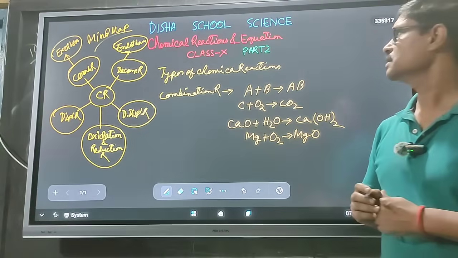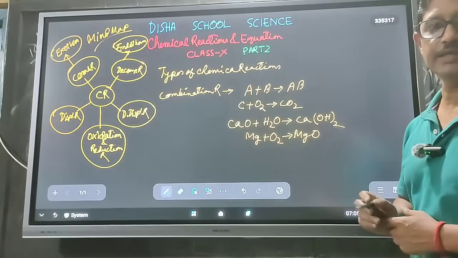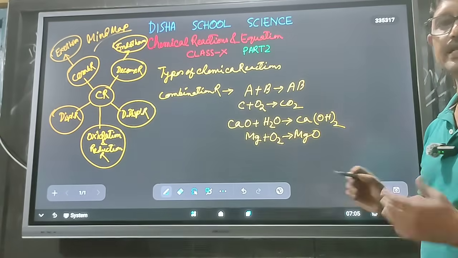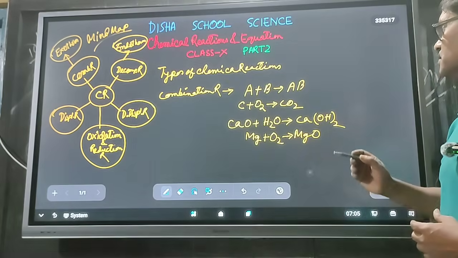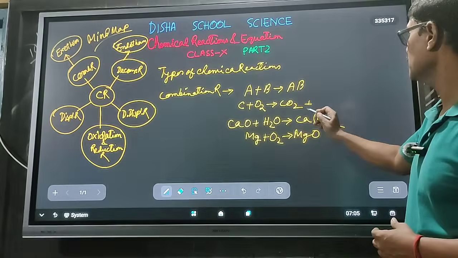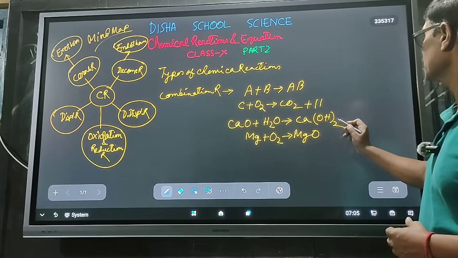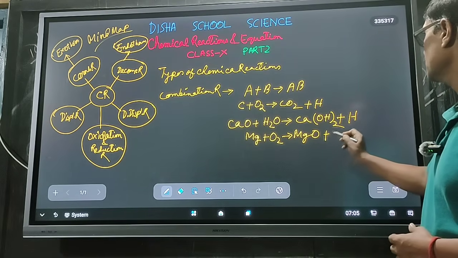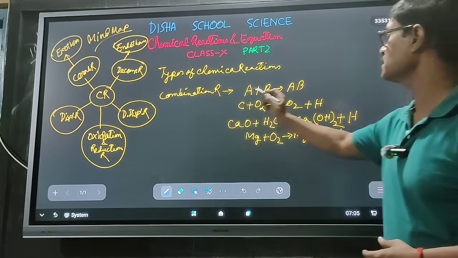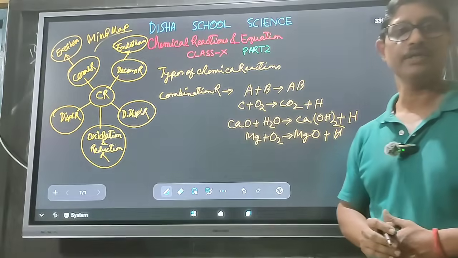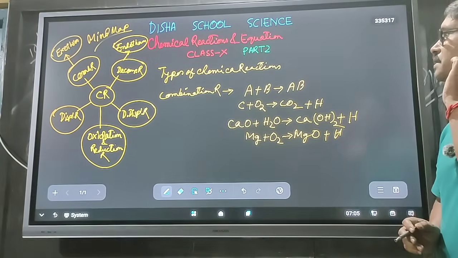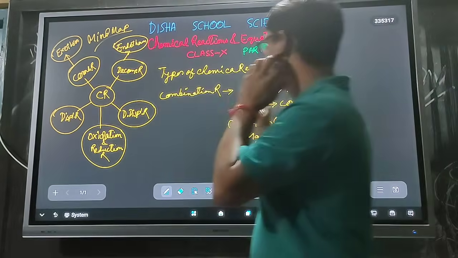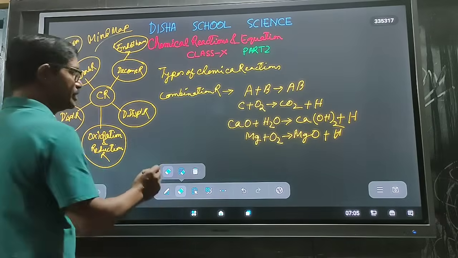Exothermic reaction means in this reaction heat is released, so these reactions are called exothermic reactions.